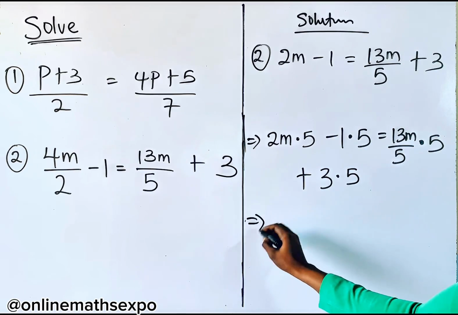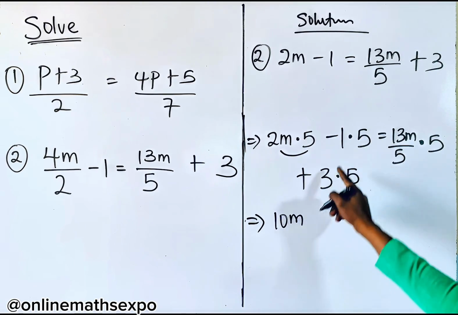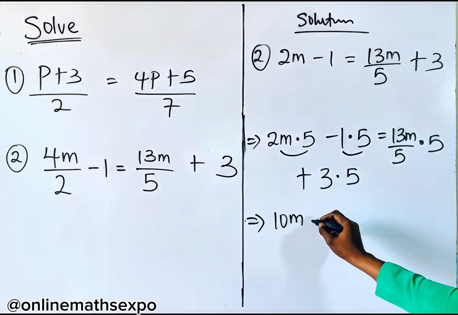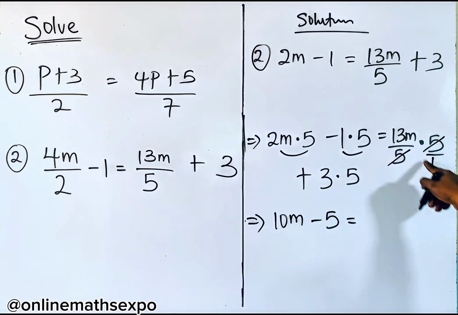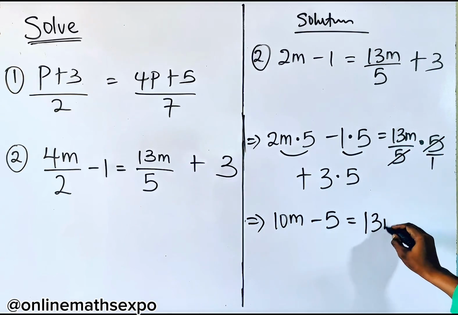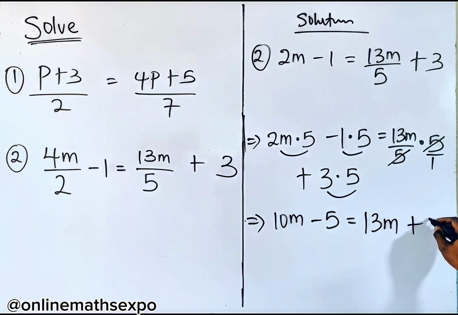So if you do that, this gives us 10m. This gives us negative 5. You see that this is 5 divided by 1, so 5 can cancel 5. You have 13m divided by 1, which still gives you 13m. Then when you multiply these two, it gives you 15. You see, there's no fraction again.